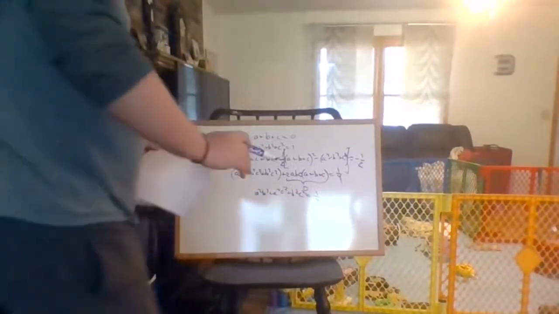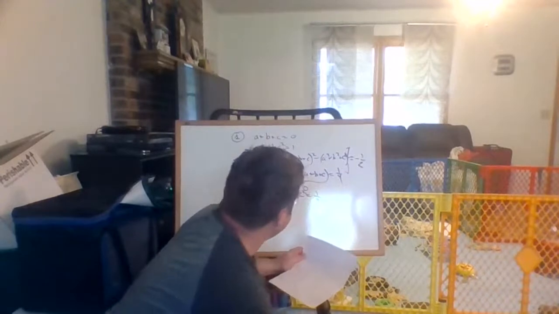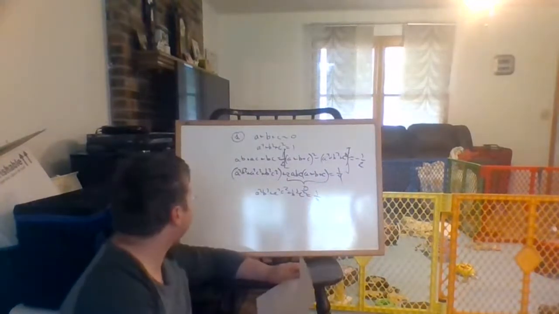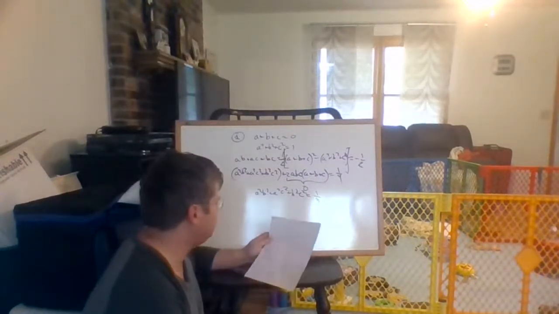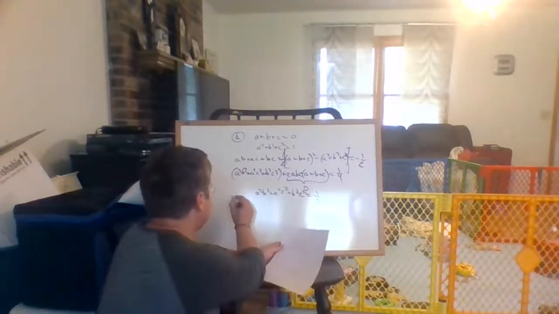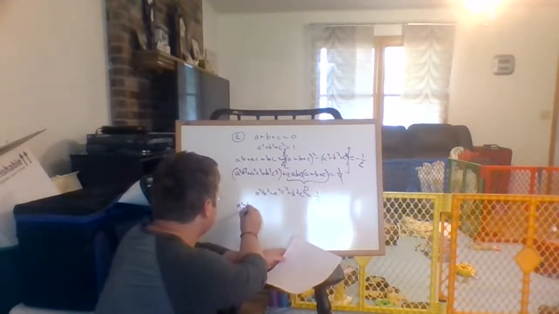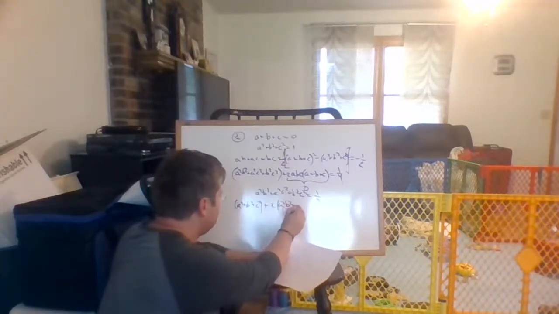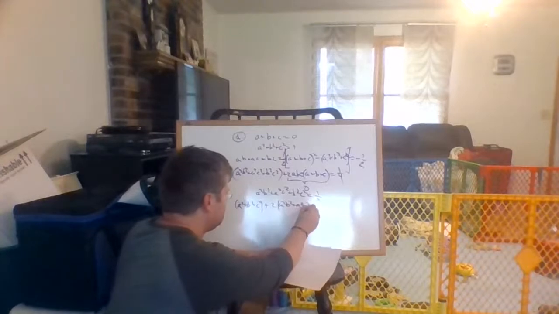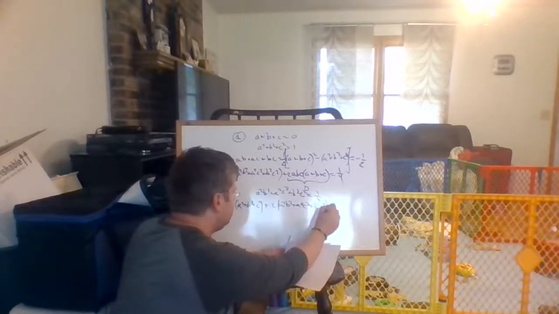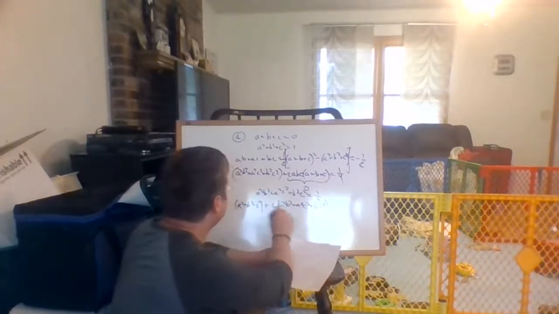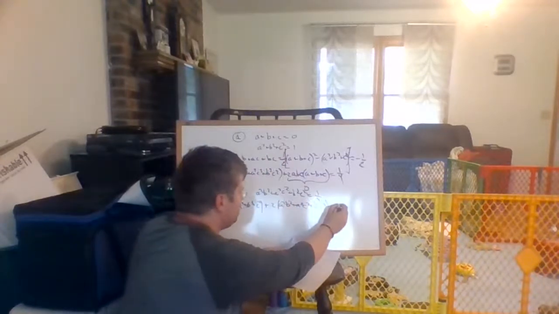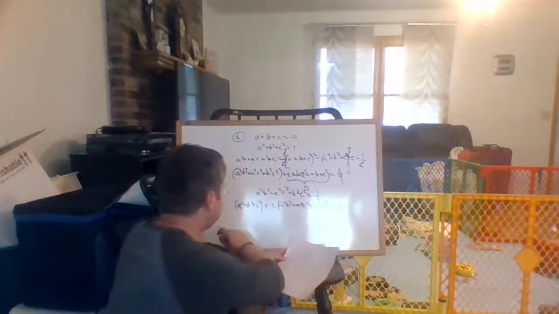Okay, and then after that, let's see. We just say that a to the 4th plus b to the 4th plus c to the 4th plus twice this thing, a squared b squared plus a squared c squared plus b squared c squared, equals a squared plus b squared plus c squared, squared, which is 1.